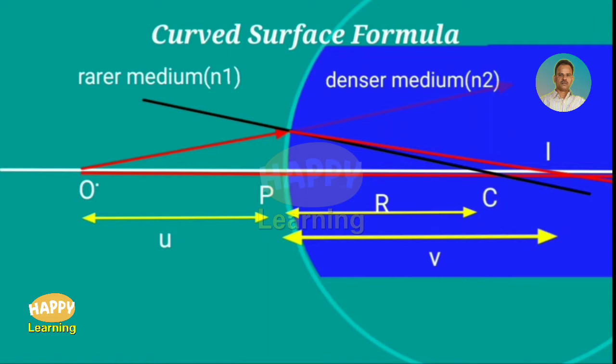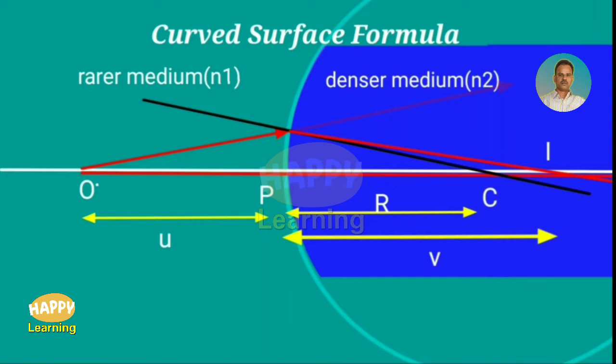Then we get a relation between this N1, N2, U, V and R. Total 5 variables are there. N1, refractive index of rarer medium. N2, refractive index of denser medium. U, object distance. V, image distance. R, radius of curvature.